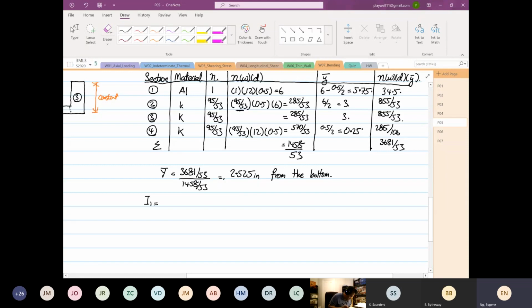So I1 is equal to 1 multiplied by 12, 0.5 to the power 3 divided by 12 plus the area, which is 6, multiplied by 2.525 minus 5.75 squared. So this is equal to 62.529 inches to the power 4.